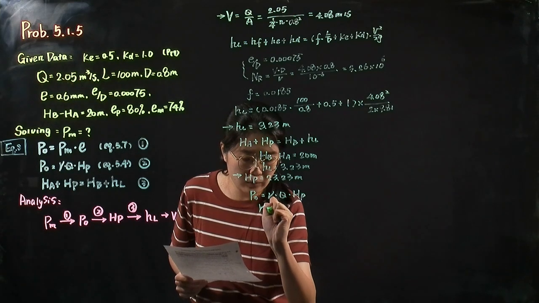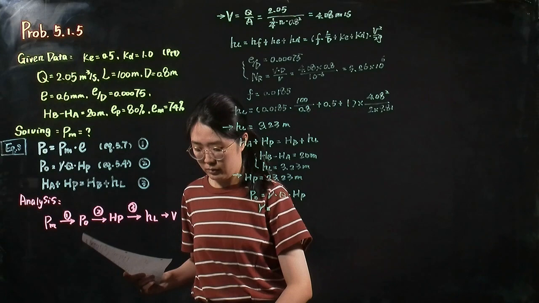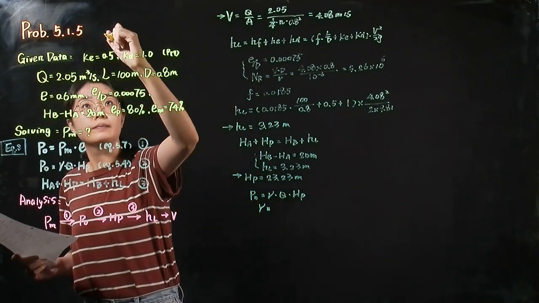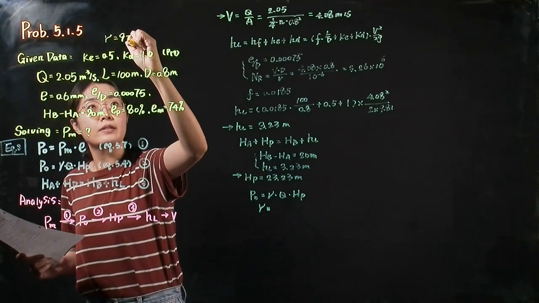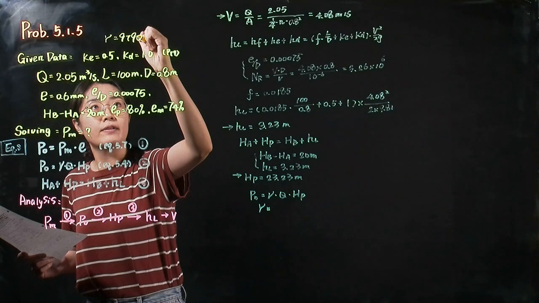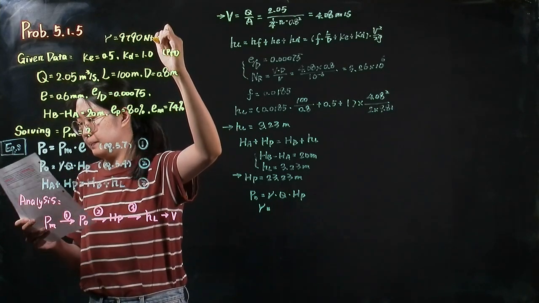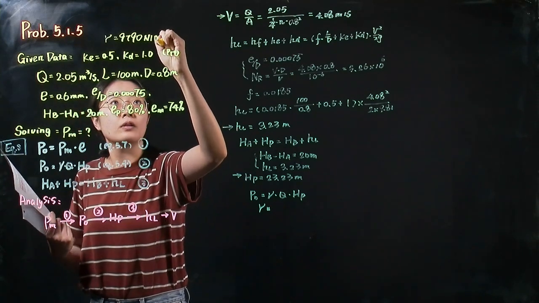The specific weight of water is 9,790 newtons per cubic meter.